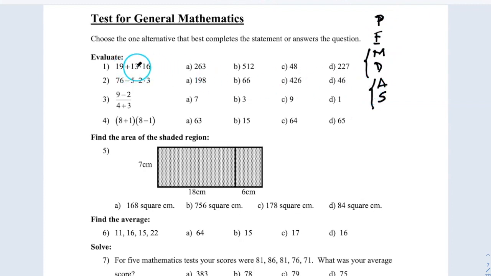In the first problem, there are no parentheses, there are no exponents, there's a multiplication, so this is the first thing that you do, 13 times 16. You take the 6 and multiply it times both of them. 6 times 3 is 18, you put the 8 and carry 1. Then 6 times 1 is 6, and 1 is 7. This is the units digit. Then you go to the tens.